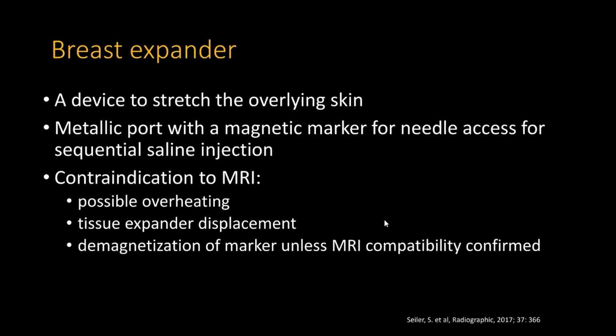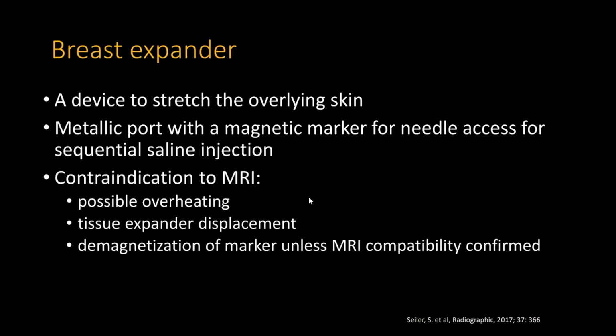A breast expander is a device surgeons place in the mastectomy bed to stretch the overlying skin. It's often used for patients with cancer who had a mastectomy, right? It has a metallic port and also magnetic markers.